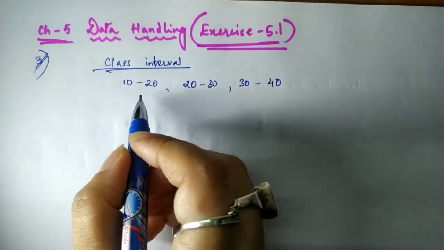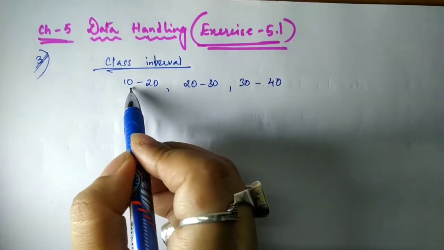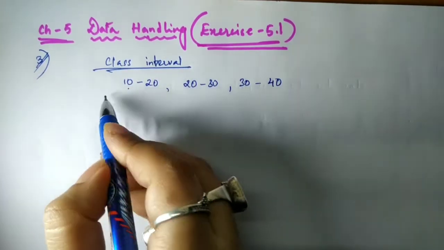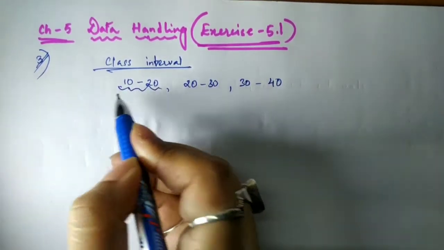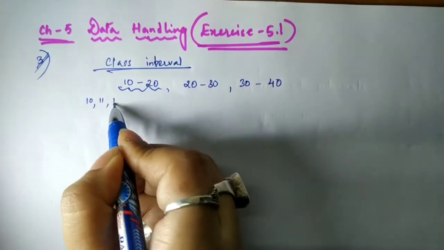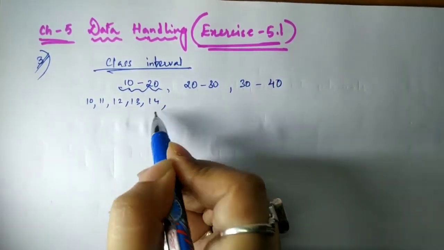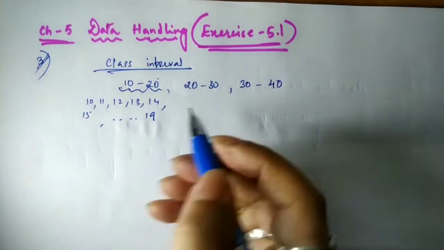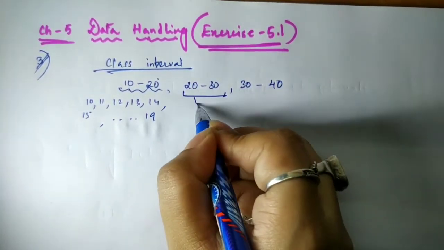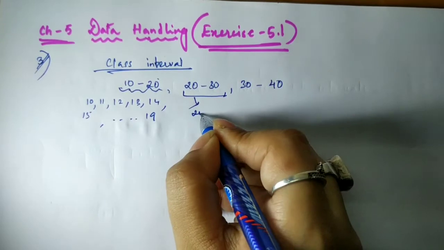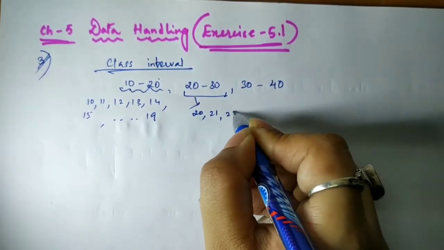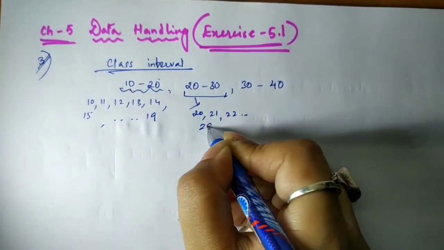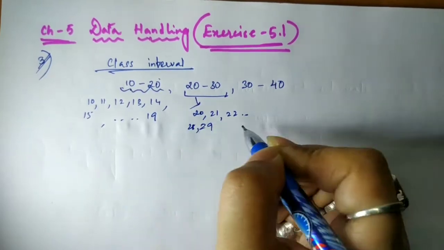In this particular interval there will be numbers from 10, 11, 12, 13, 14, 15, and so on till 19, not 20. Similarly, here the data will start from 20, 21, 22, and so on till 29.